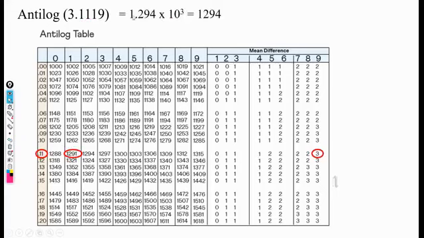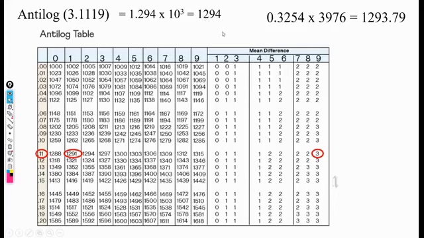So it is 1294, but I put the decimal after the first natural number, so it becomes 1.294 into 10 raised to 3, which is equal to this number.